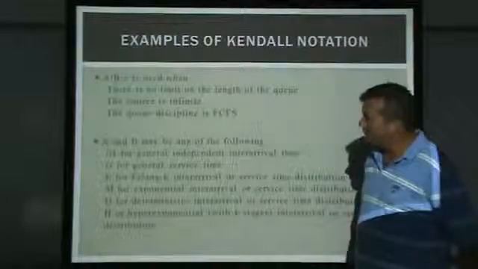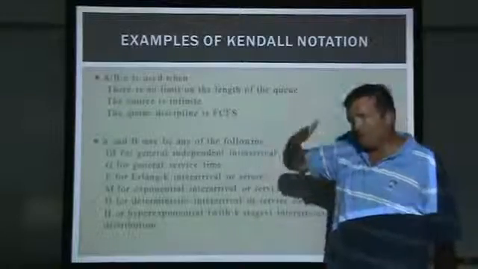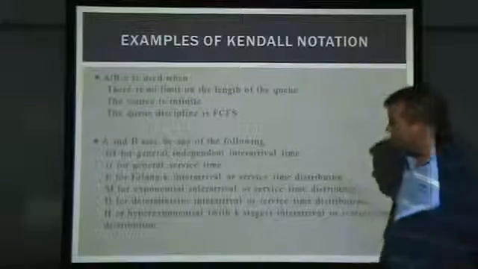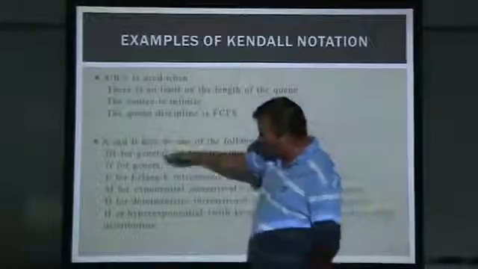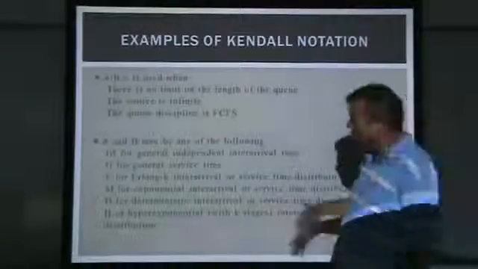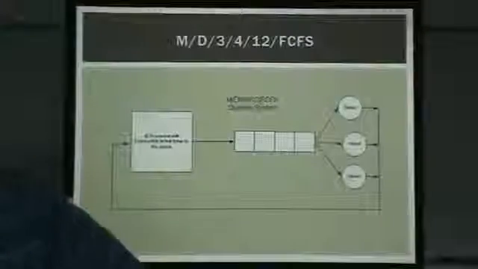So we could end up having something like a Markov distribution of where they come in, and then maybe a deterministic distribution of when they go out. And then there are all different types of arrival times, if you remember from your probability class. We'll cover some of those in future examples.